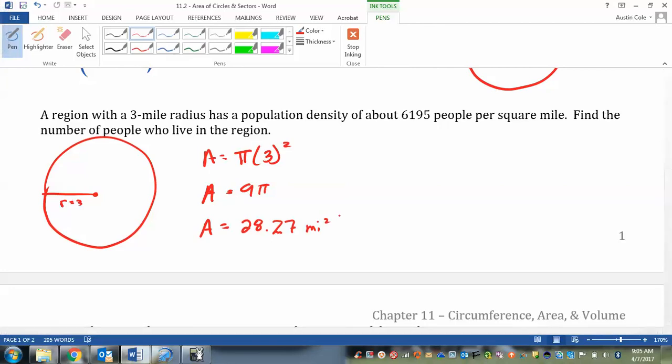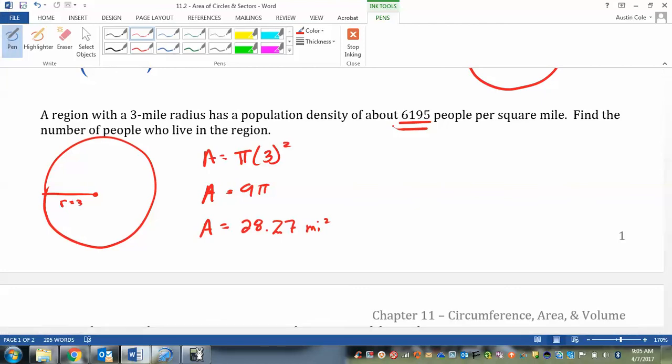Cam, is that my answer? No. What do we need to do? You need to do x over 28.27 or 9 pi, and then equal to 6,195. I think we're overthinking this. Every 1 square mile, there's that many people.